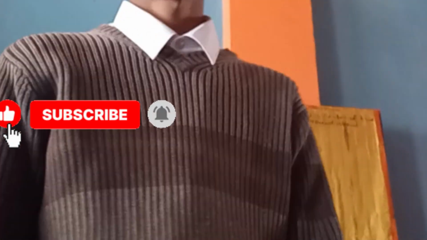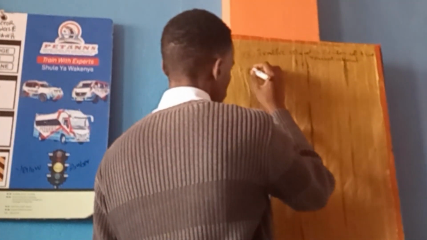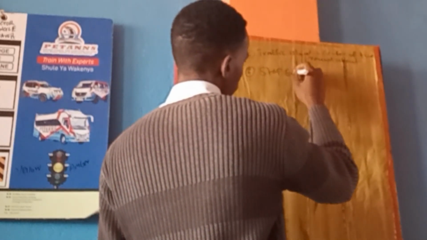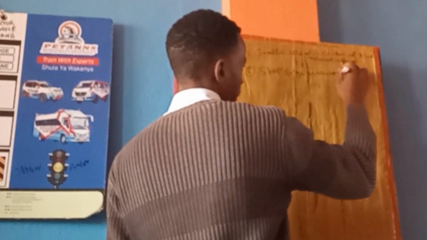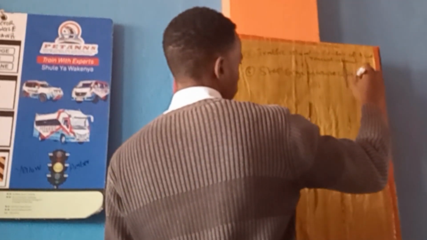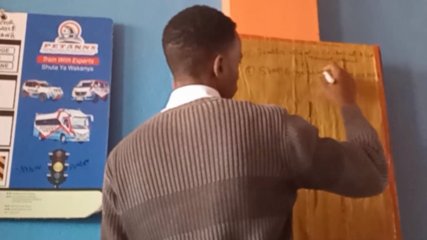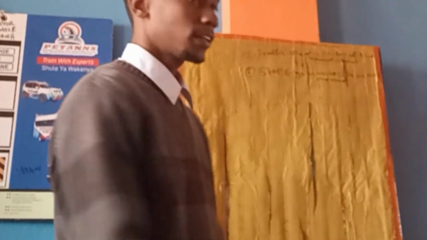Then after hiyo, outside you have a white line. The white line goes across the road.